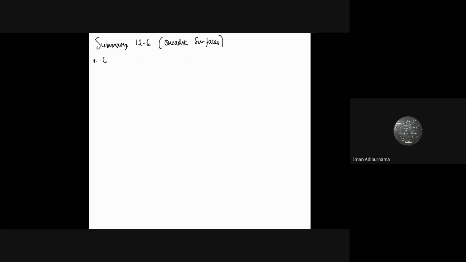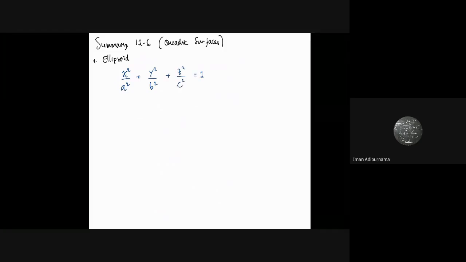So first you have the shape called ellipsoid. It has this structure. If A equals B equals C, then it will be a sphere.